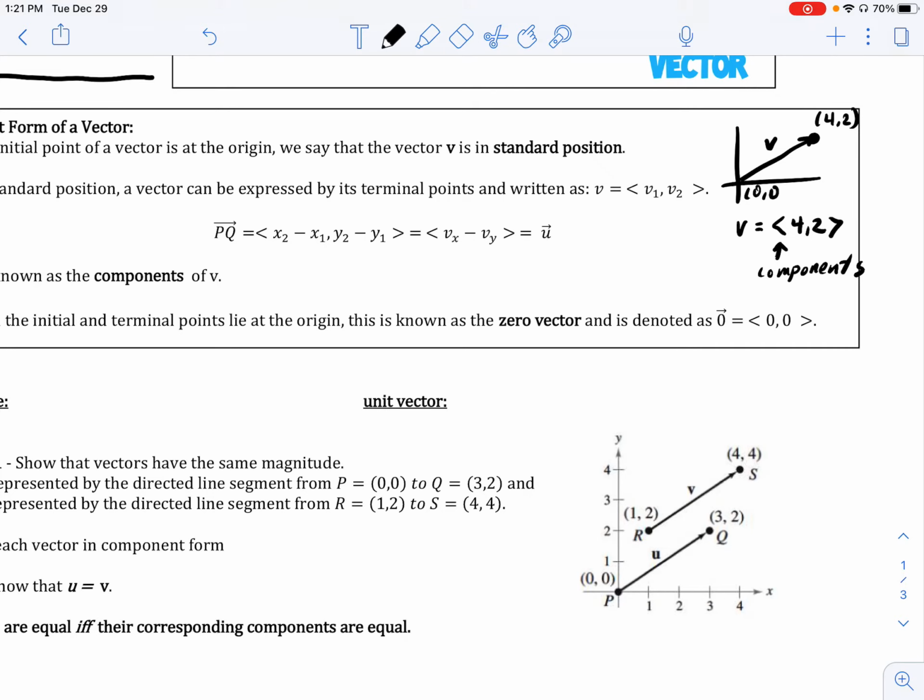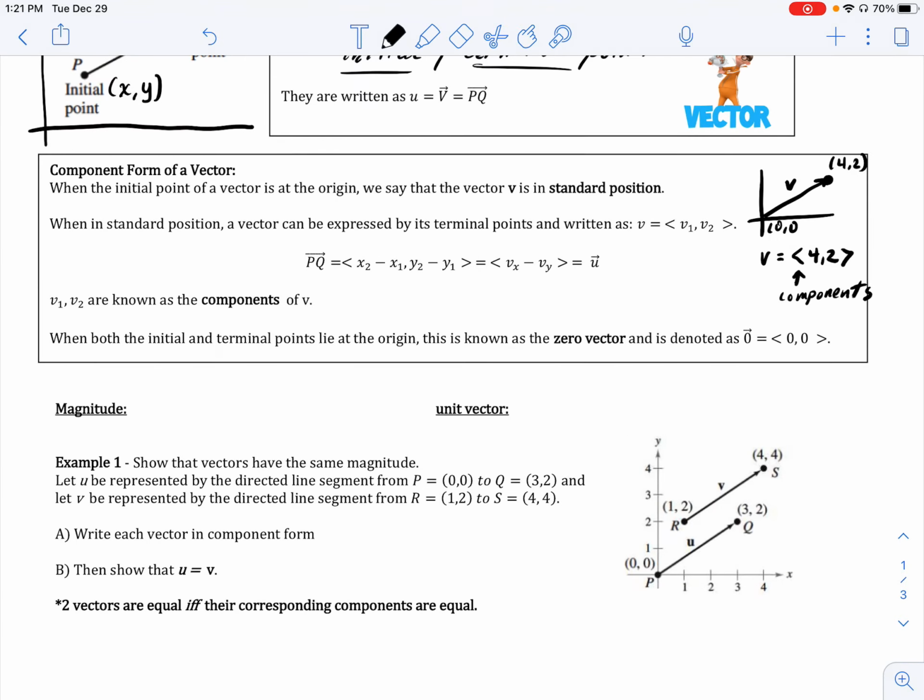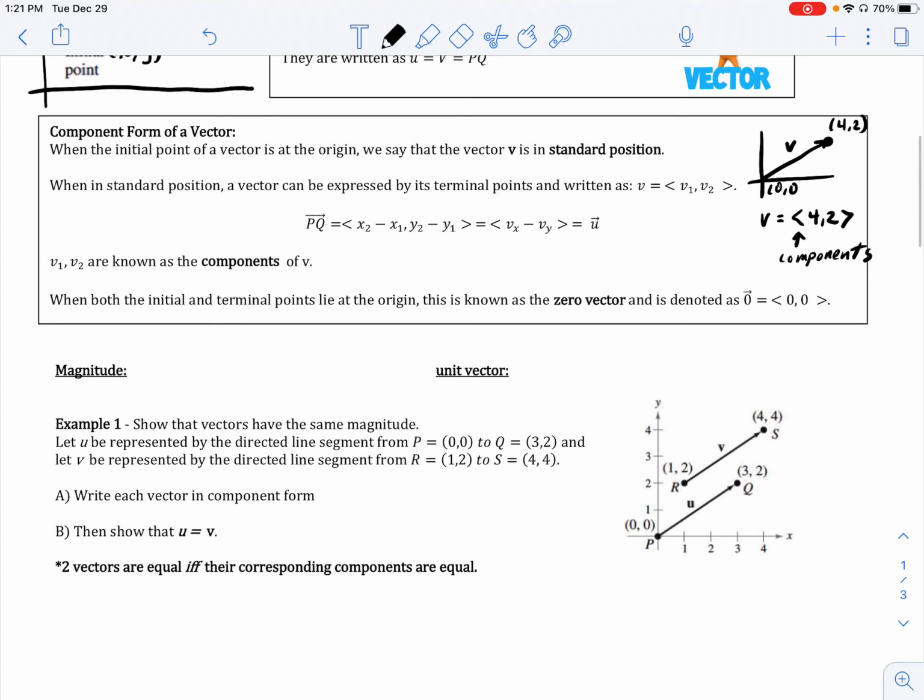A few other miscellaneous things that we should know about vectors before we try some of these problems. One, when both the initial and the terminal point lie at the origin, this is known as a zero vector. We often just denote a zero vector as what you're seeing here.